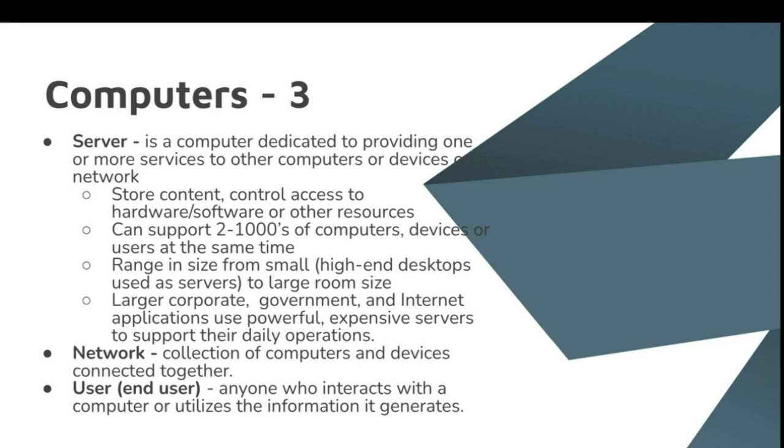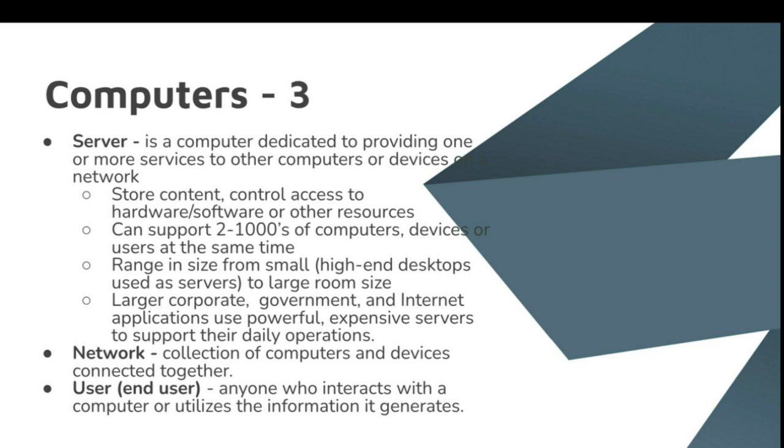So a server is a computer dedicated to providing one or more services to other computers or devices on the network. It can store content, control access to other hardware or software or other resources. So it can support 2 to thousands of computers, devices, or users all at the same time.